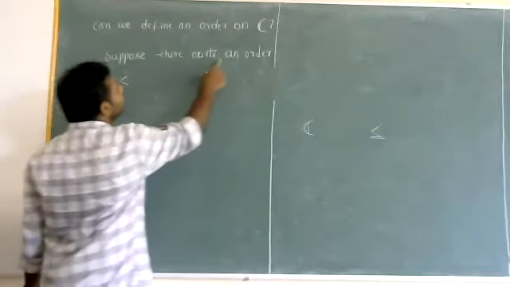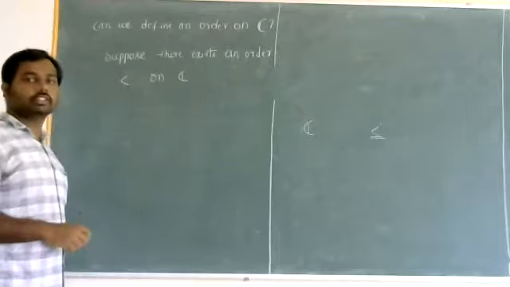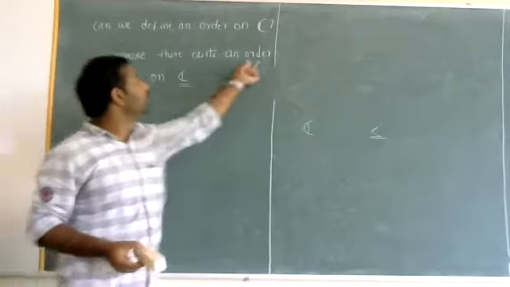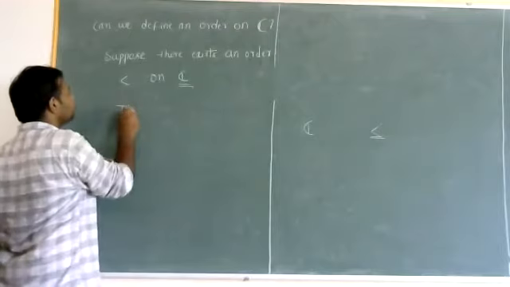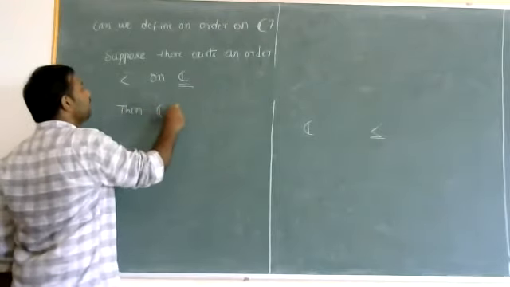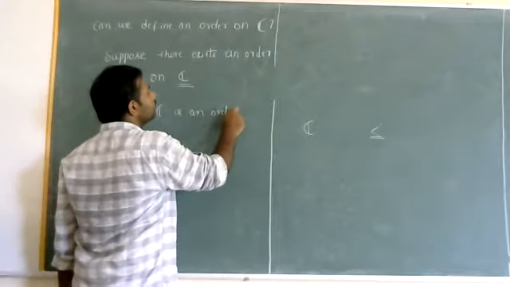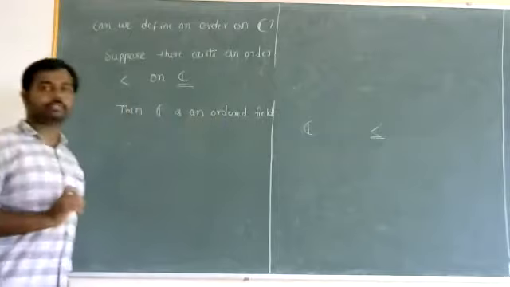So suppose there exists an order less than on C. C is already a field, and on this field, by our assumption, there is an order. Then C is an ordered field.